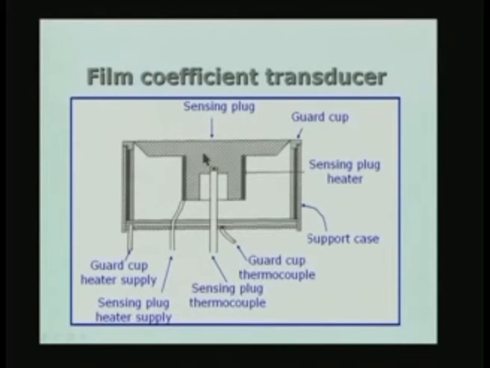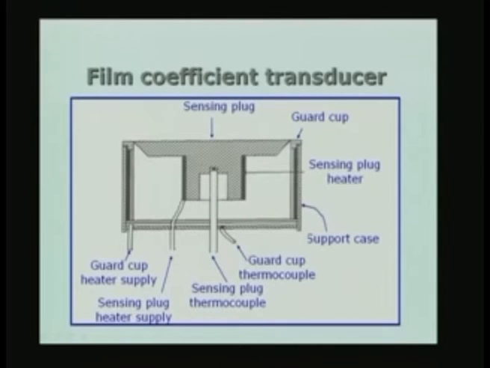I have got a plug material which is surrounded by a heater, so that I can heat the sensing plug to a desired temperature, and it can be measured using a thermocouple inserted into the sensing plug. So, the sensing plug is surrounded by a sensing plug heater which is heated by electrical power supplied through the leads here, and it can be maintained at a constant temperature.